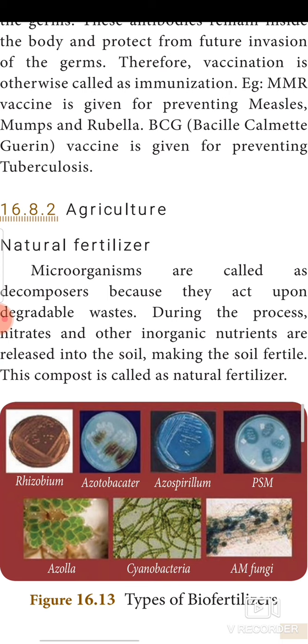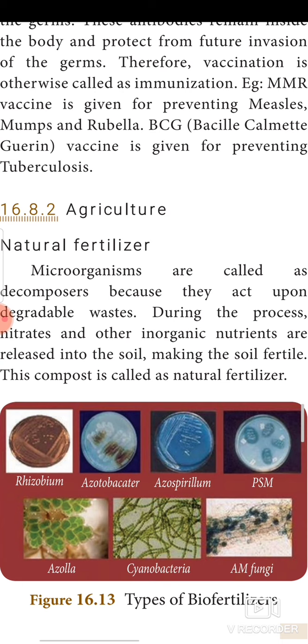Degradable waste can be decomposed using these microorganisms. During the process, nitrates and other inorganic nutrients are released into the soil, which in turn makes the soil fertile. This compost is called natural fertilizer.